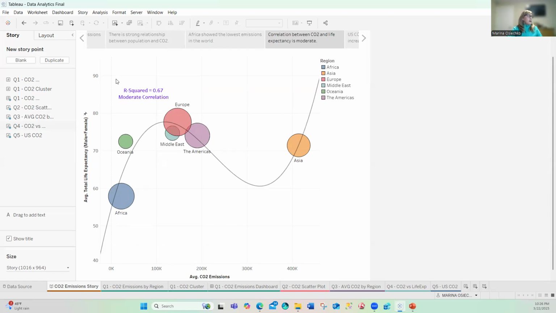You will see that R squared is 0.67, which indicates a moderate correlation. And moderate correlation pretty much means that while there is a relationship between emissions and total life expectancy, there are also other factors at play that influence total life expectancy.